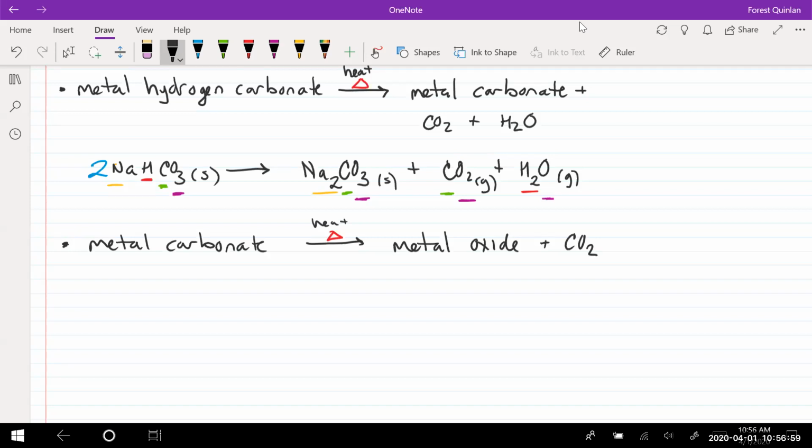So let's just say that we had Na2CO3, a metal carbonate. That will break down to the metal oxide, so we have sodium and an oxygen, and CO2. Now we know CO2 is a gas. I'm going to tell you that the oxide here is a solid.